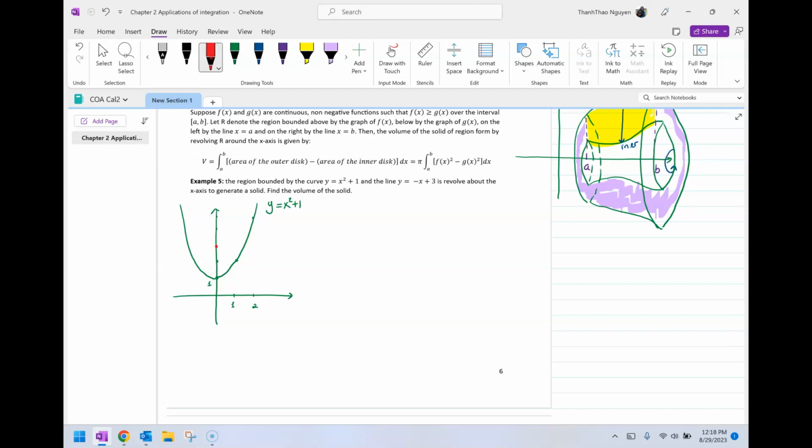Let's take a look at the x-intercept. The x-intercept means the value of x when y equal to 0. So when y equals 0, x equals 3. And so this is the line. So this is the region that we are looking at.